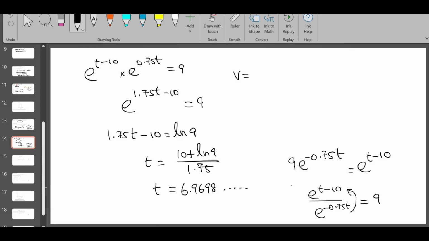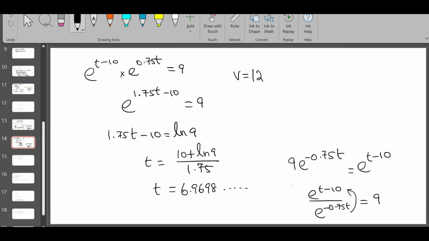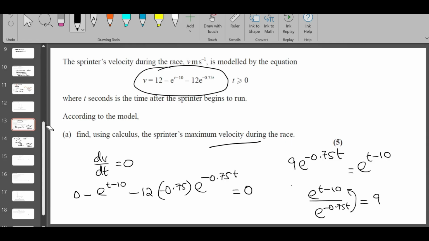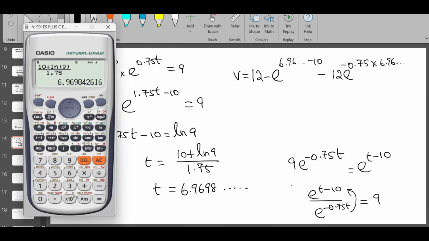You will get 12 minus e to the power t minus 10 minus 12 e power minus 0.75 times 6.96 dot. So let's store this value as a.